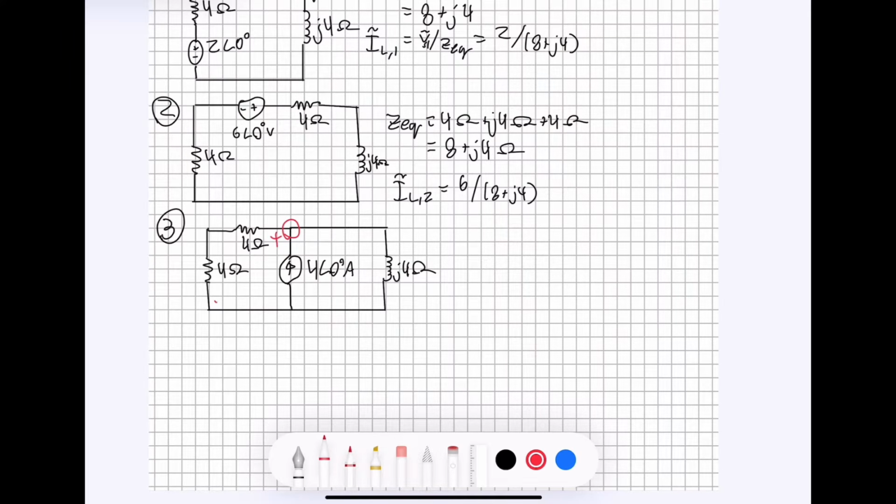So from here to here, from here to here, and there to there, the voltage drop is always going to be equal.